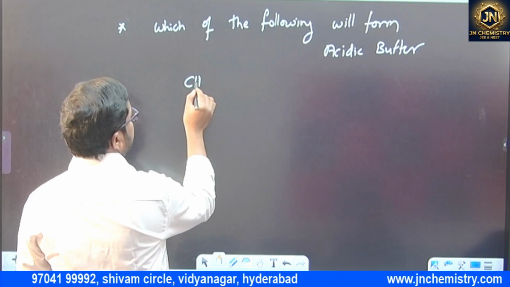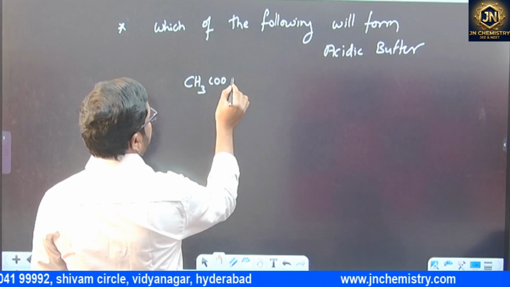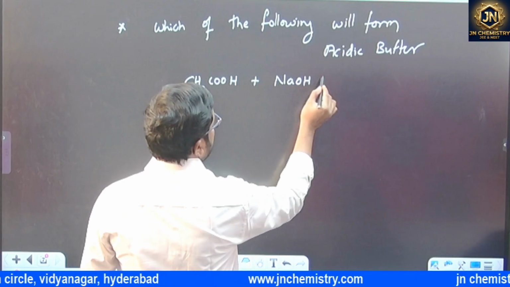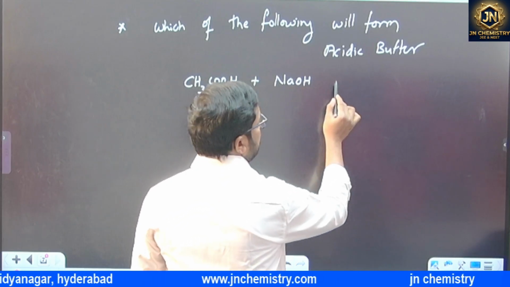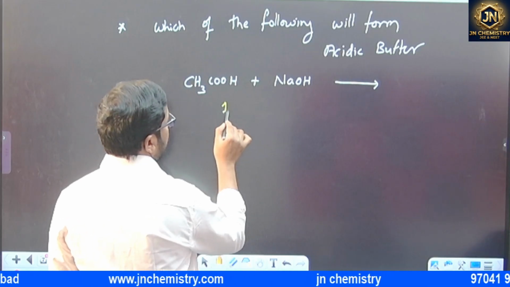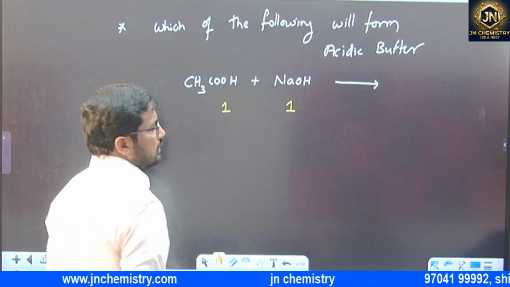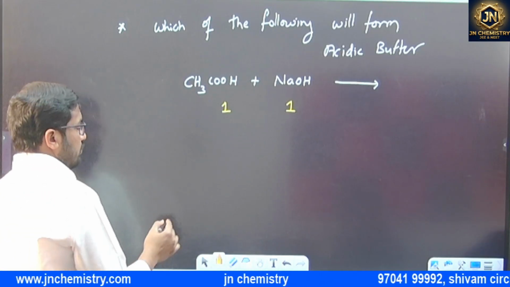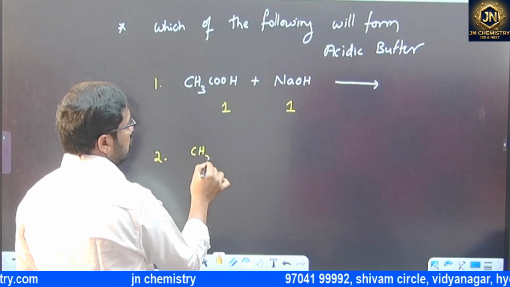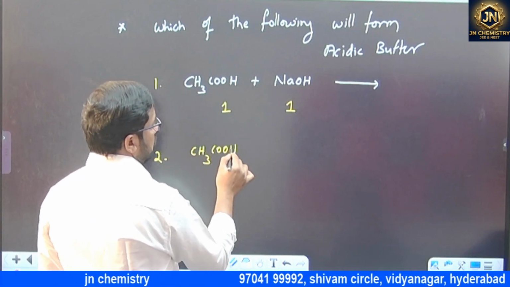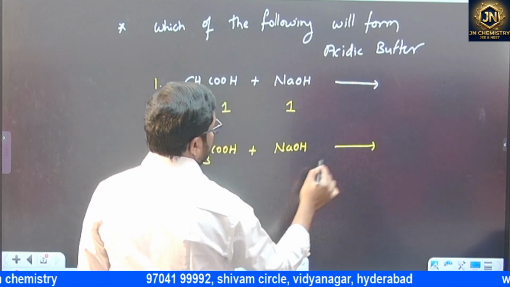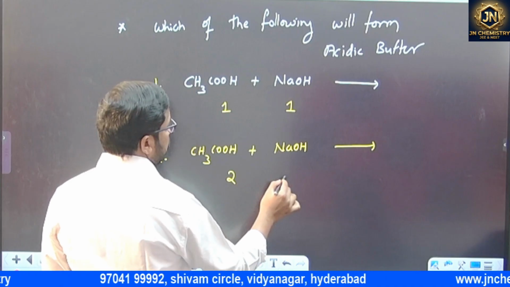For example, CH3COOH and NaOH, this combination. Imagine I'm just giving 1 mole of this, 1 mole of this, right? This is one combination, question number 1. Number 2, same question, but this is 2 moles, this is 1 mole.